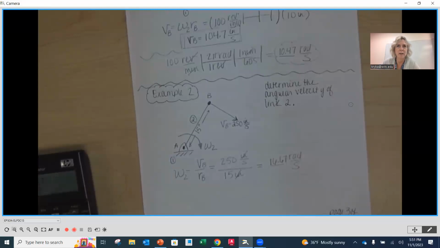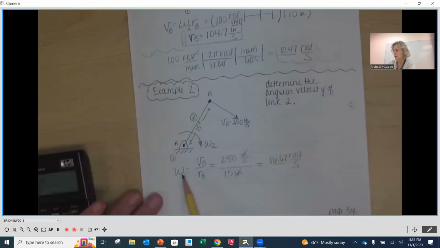That's when you talk to the person at the counter of the motor store, or if you're searching online, are you going to find them in radians per second? Maybe. But what are the more common units that we want to put this into? Yeah, revolutions per minute. So always when you're solving for a W at the end, don't leave it in radians per second. Convert it to RPMs.